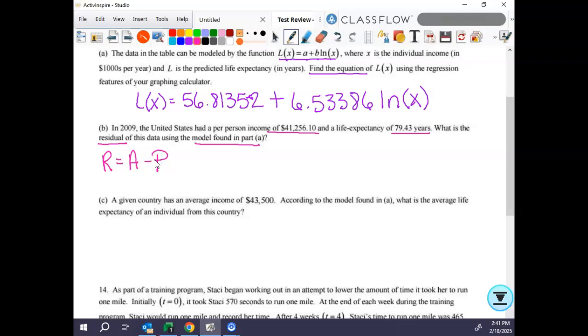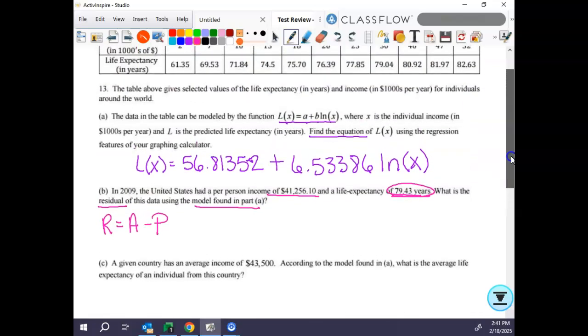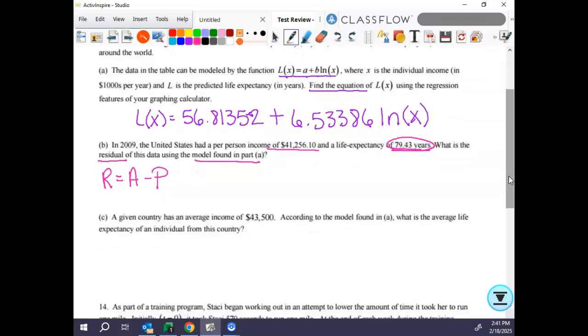Okay, so the actual value is this 79.43 years, because what we are looking at, L is the predicted life expectancy and X is the individual income. So this is my output.